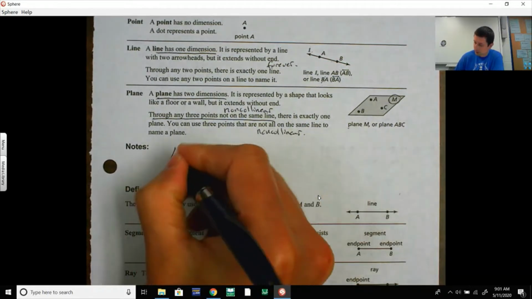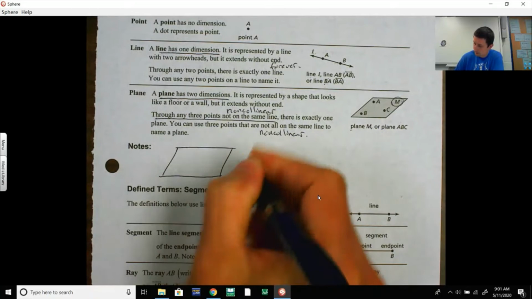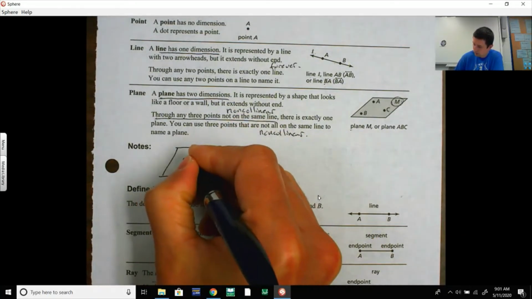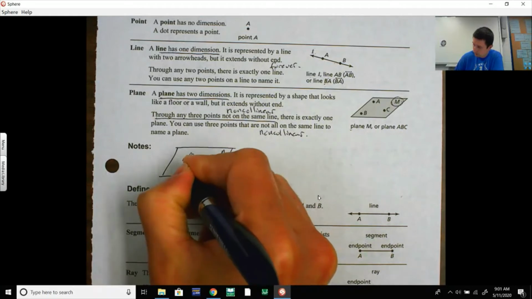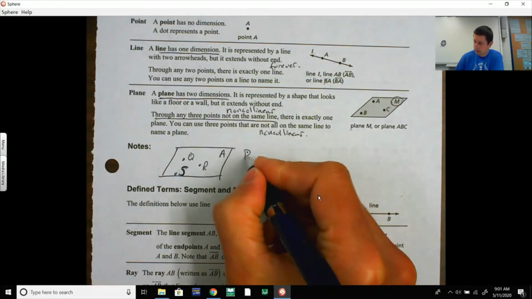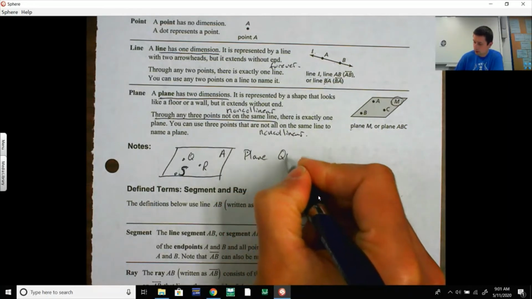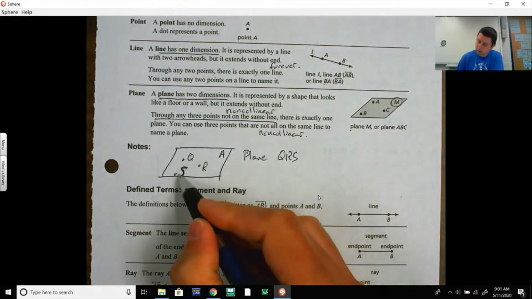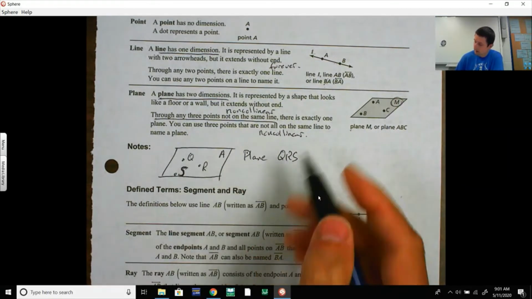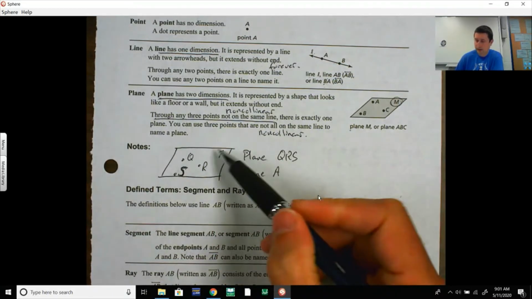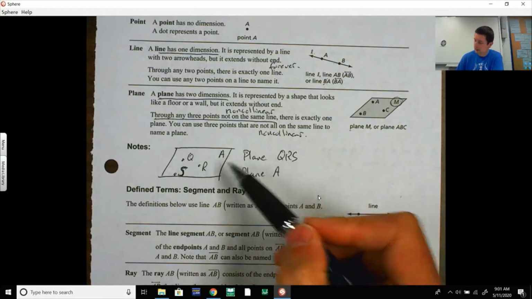So if I have a plane here, it's an S, not a 5. Okay, so I can call this plane QRS or SRQ or RSQ or RQS, any of those directions. Or I can just say this is plane A. Notice the A does not have a point with it, so it is the name of the plane.